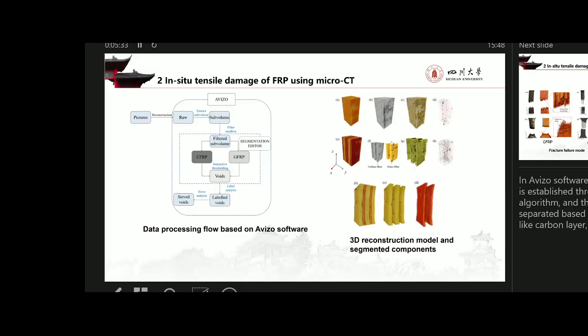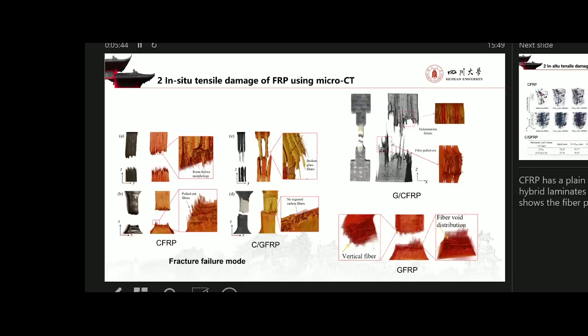Then we do the data processing flow based on visualization software, 3D reconstruction model, and segmented components. By the reconstruction model, we can see the fracture failure mode. The CFRP has a plane fracture, and in the hybrid FRP we see the delamination failure. And in GFRP, we can observe many fibers pulled out.